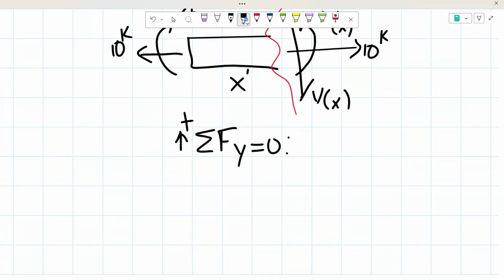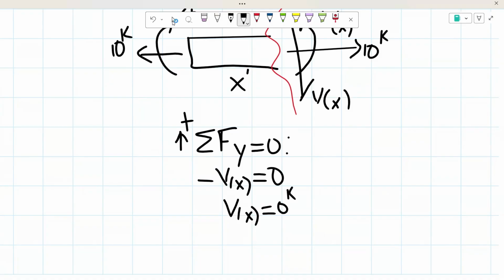So here we have that our shear is going downwards, so that's a negative shear, so negative V of x. And that's the only y force or vertical force that we have here. So as you can see, our shear is simply equal to 0.